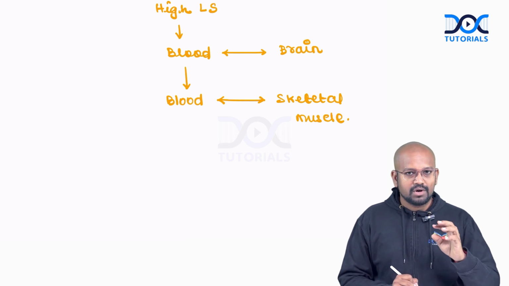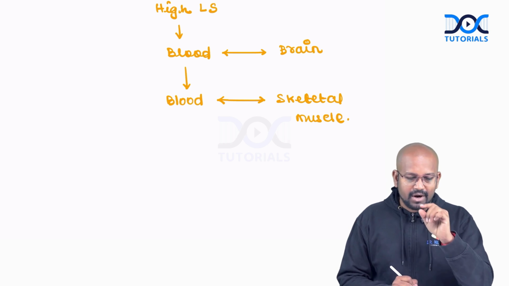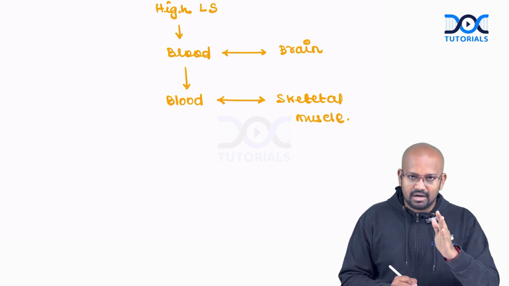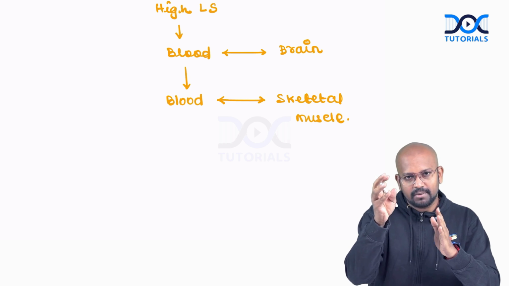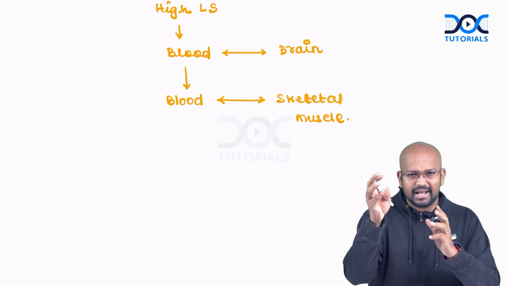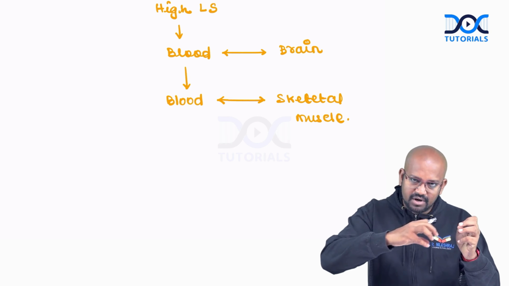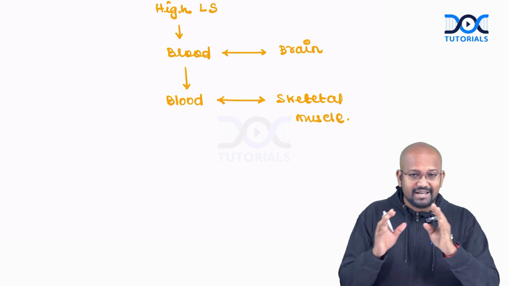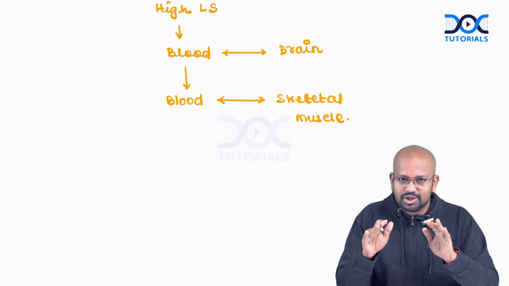So simply, when you look at what exactly happens inside the human body, you administer a drug with a high lipid soluble capacity, and it will immediately gain entry into the brain, and after a short period of time, from the brain it will come back to the blood and gain entry into the skeletal muscles. So the effect of that drug inside the brain would be for a much shorter duration.